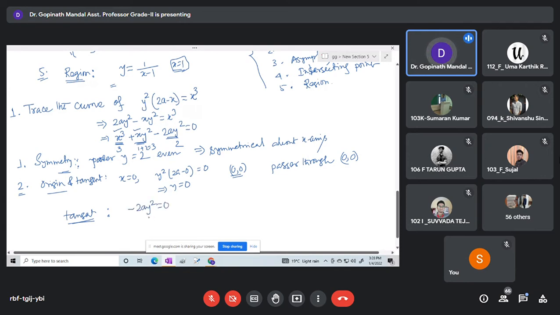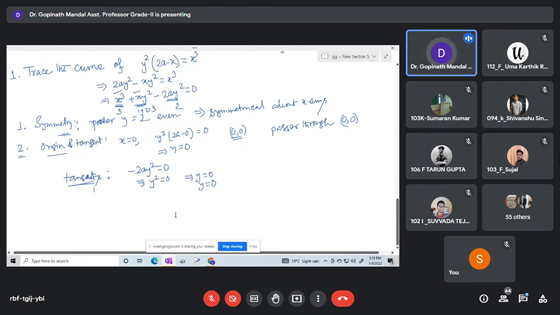Now this will be 0 to find tangent. So y square equal to 0. That means y equal to 0 and y equal to 0. So we get two tangents and they are coincident, they are same. So origin will be called a cusp.